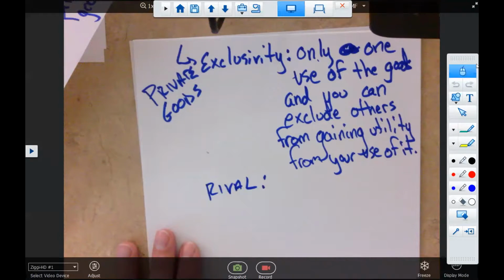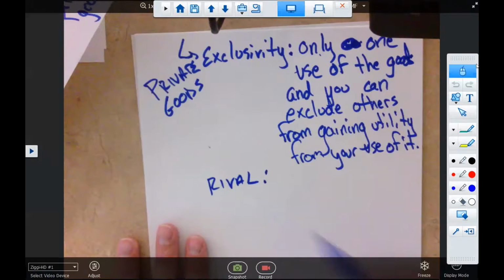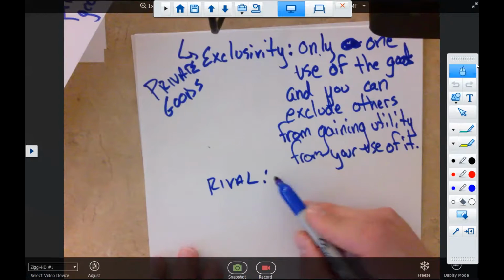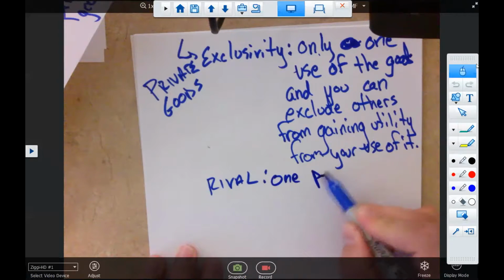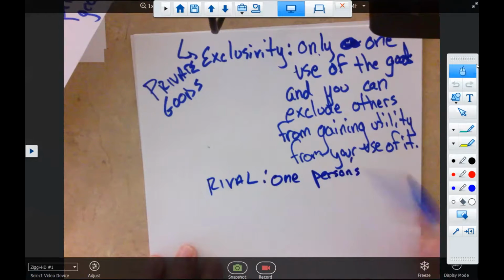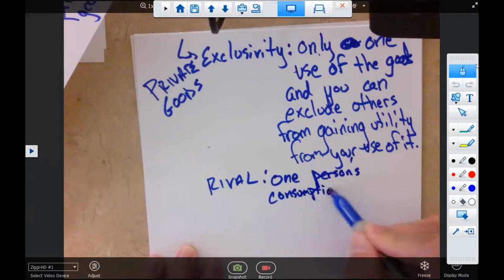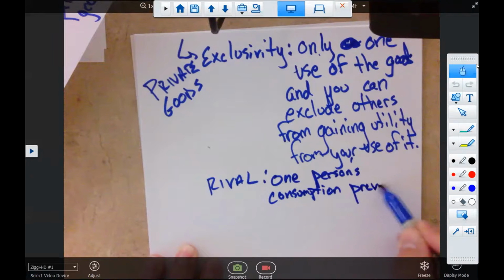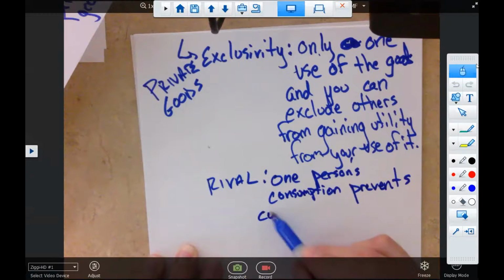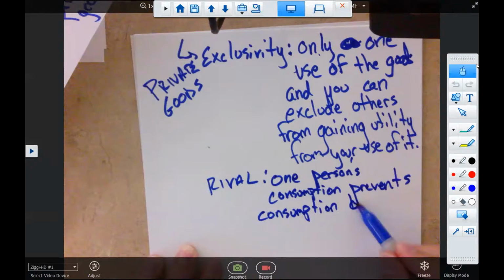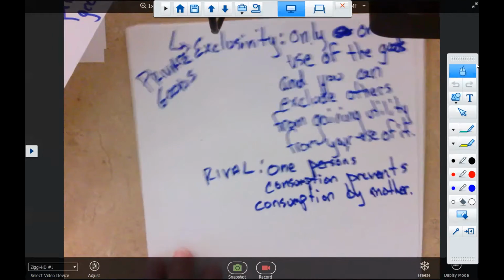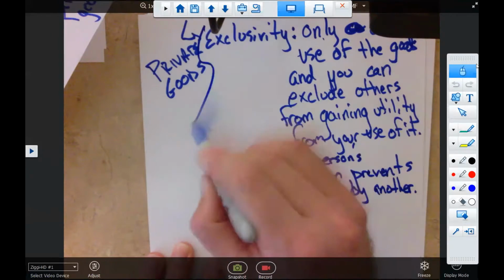A song or a DVD or some computer code is not, right? And so this is one person's consumption prevents consumption by another. So these are the characteristics of private goods.